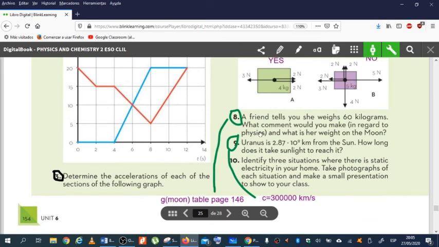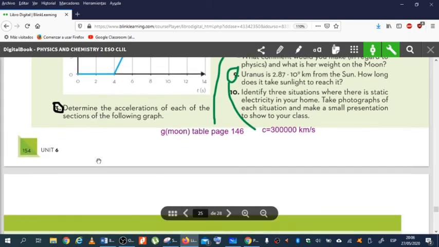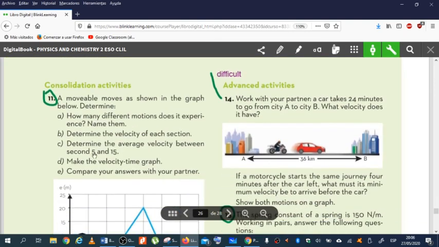Exercises 8 and 9 of page 154. I will take note of it. Okay, these two exercises. What else?